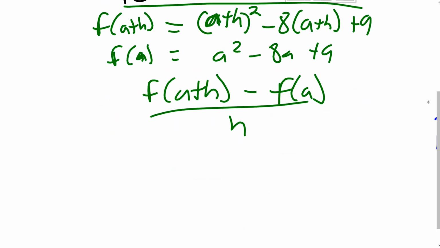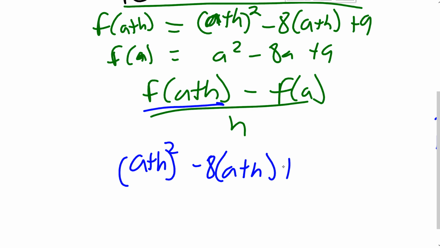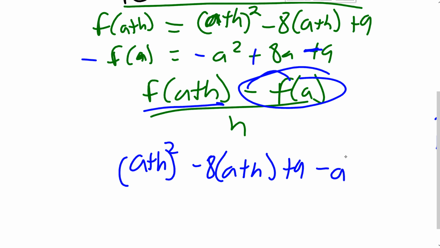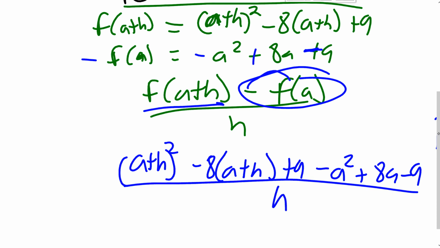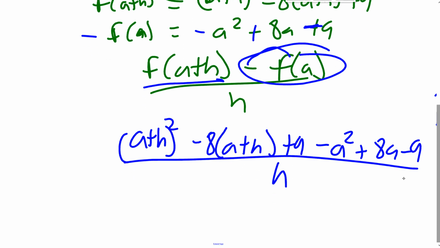I'd be taking that top one, f of a plus h, and then I need to distribute the negative in there. So negative f of a becomes negative a squared, positive 8a, and a negative 9, all divided by h.